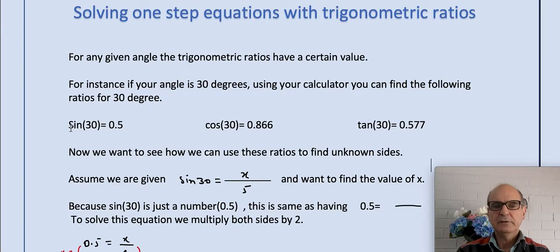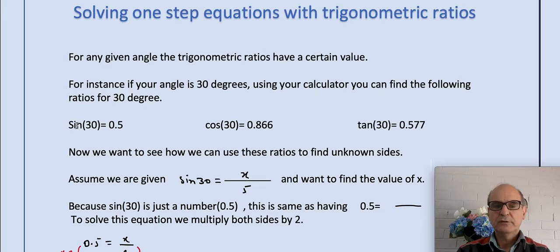For example, in the case of sine, it is opposite over hypotenuse. In the case of cos, it was adjacent over hypotenuse, and in the case of tan, it was opposite over adjacent.